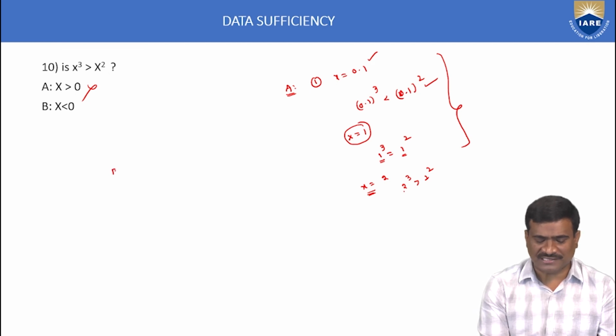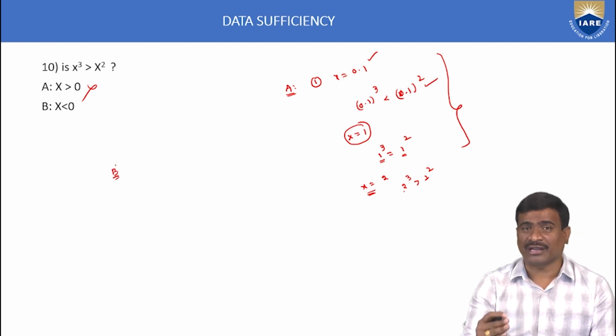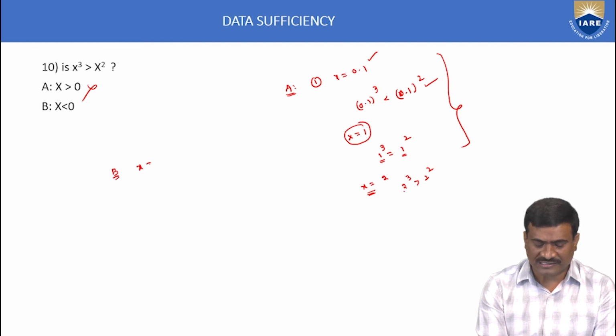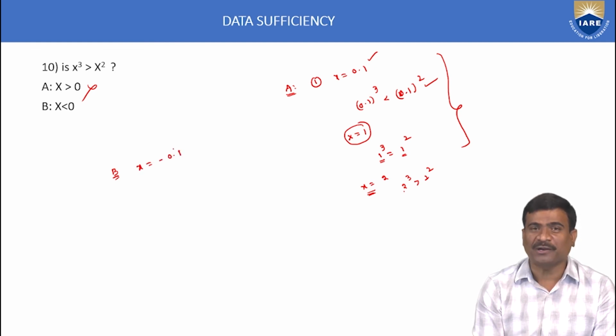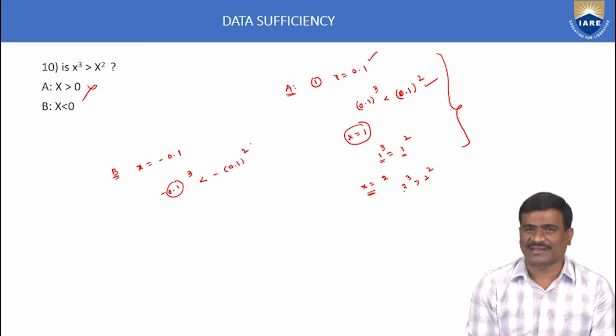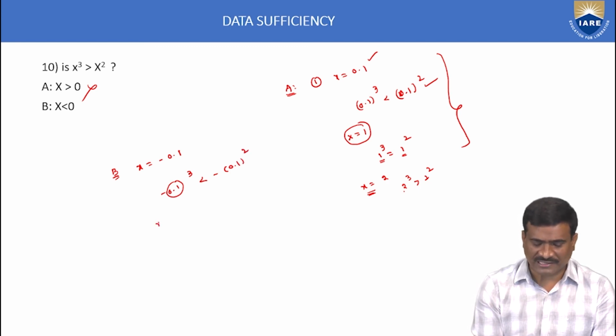Statement B implies that x is less than 0, so only negative values are possible. Same, x is equal to minus 0.1. Then minus 0.1 cubed is always less than minus 0.1 squared. Next, x is equal to minus 1.